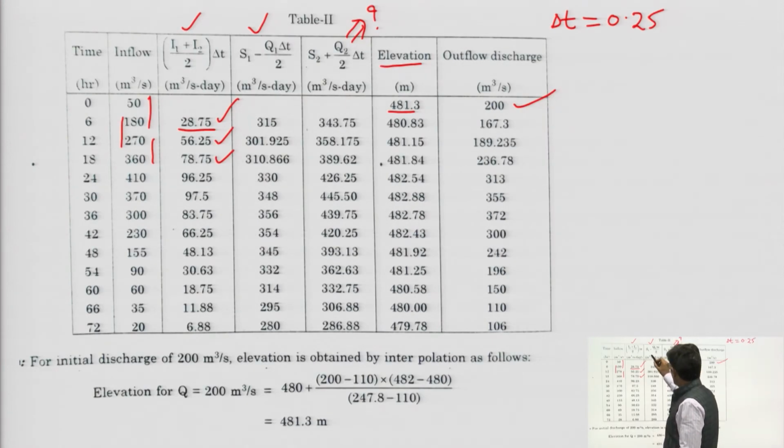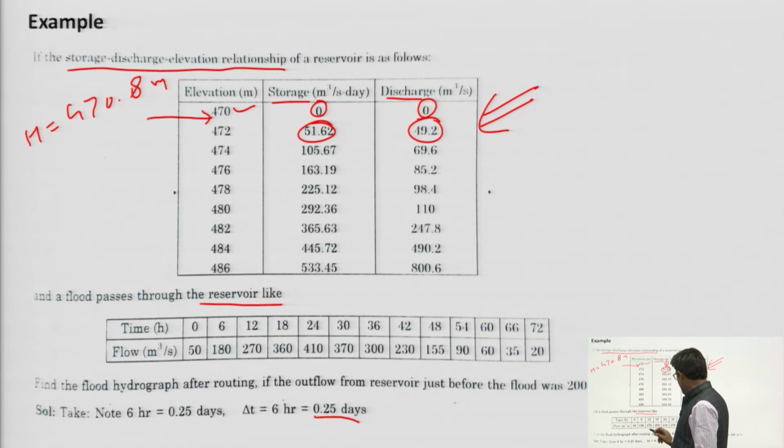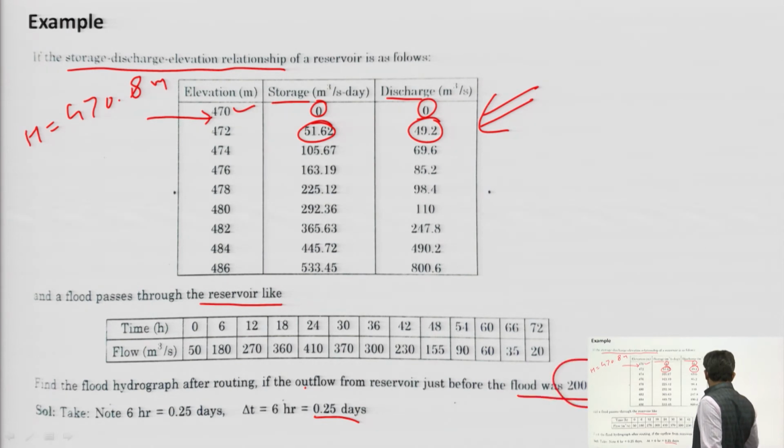S1 is the storage at section 1. In the question, find the flood hydrograph after routing, where the outflow from the reservoir just before the flood was 200 meter cube per second.